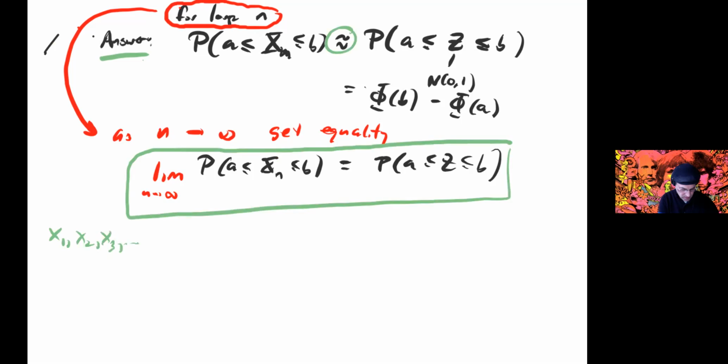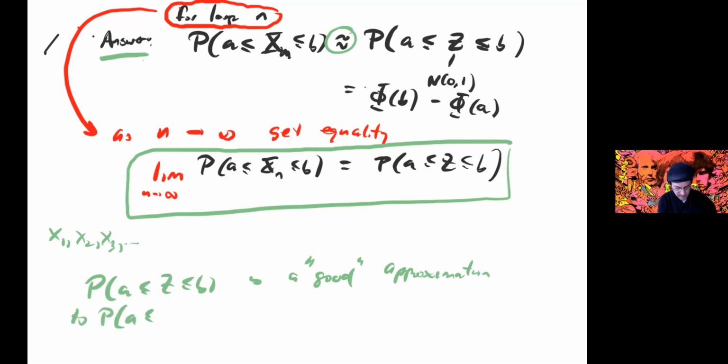The probability of a less than or equal to Z less than or equal to b is a good approximation to the probability of a less than or equal to X sub n less than or equal to b if the following is true: if n times p times 1 minus p is at least 10.